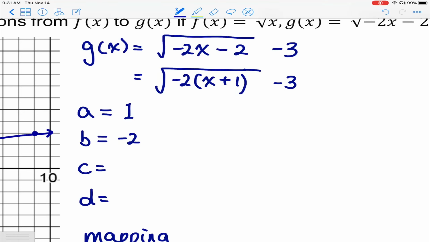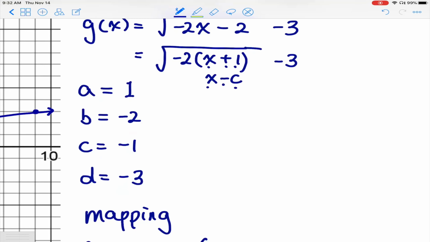Then C is negative 1. Remember, we compare x plus 1 to x minus c, which is the generic form. So x and x, plus and minus. They're not the same, they're opposite, so the numbers must be opposite in sign as well. Then D is what's outside at the end, so that is negative 3.